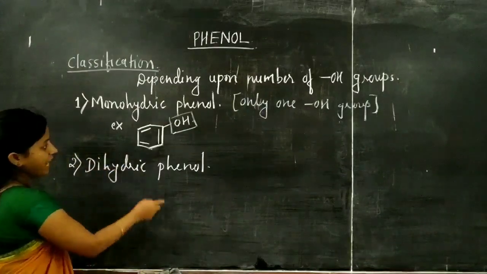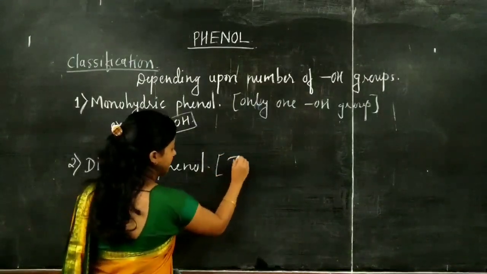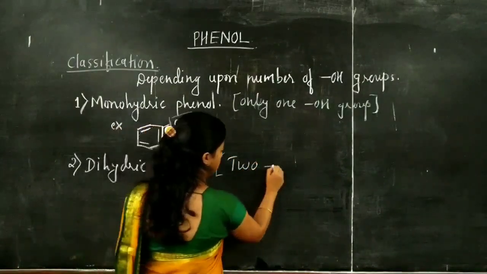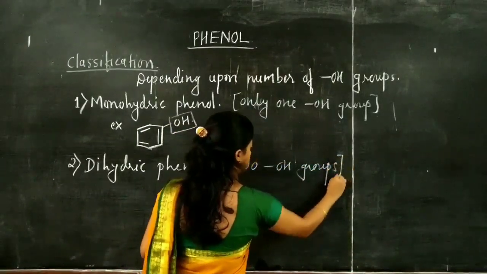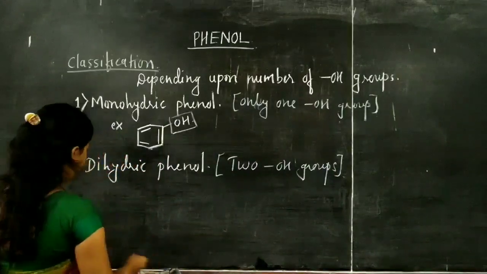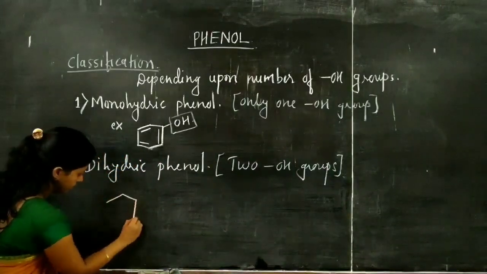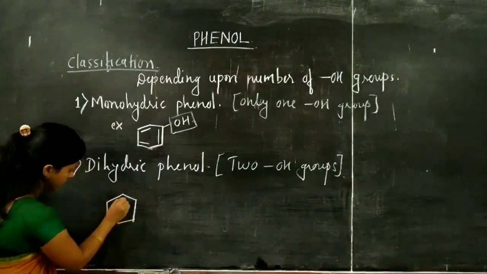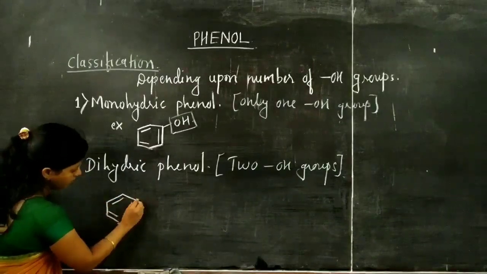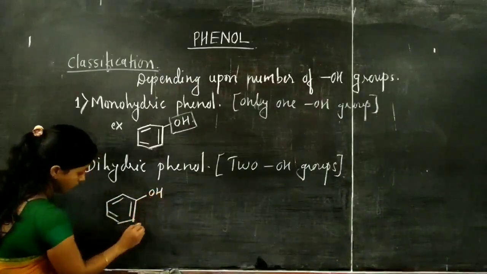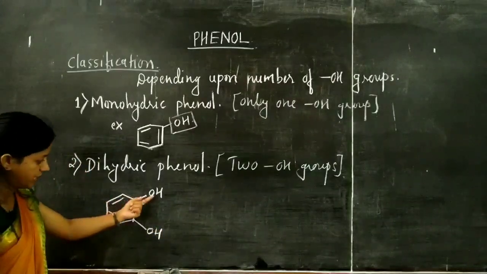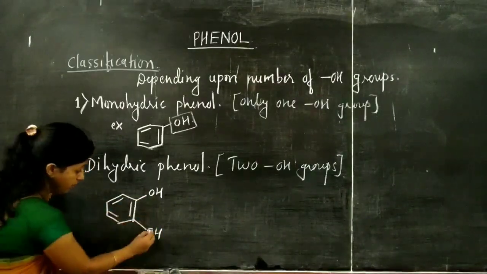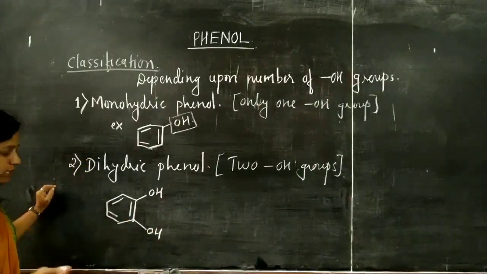In case of dihydric phenol, it contains two OH groups. For example, a benzene ring which contains two OH groups. So here there are three possibilities.